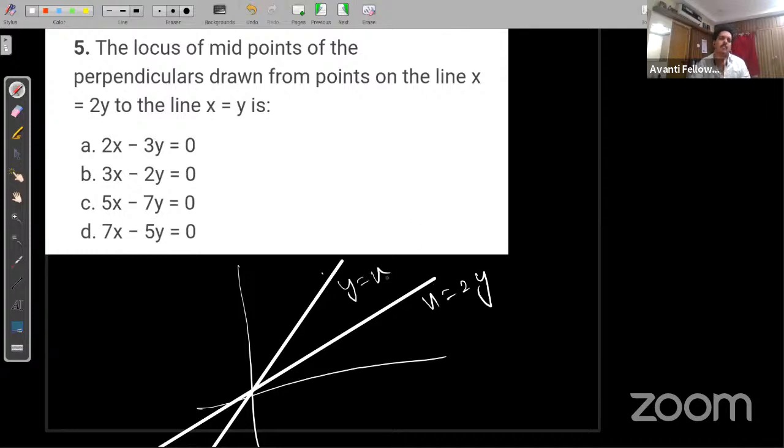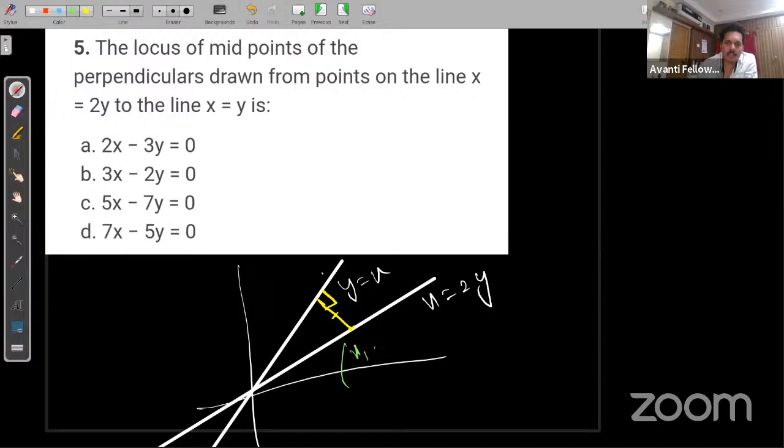Now what is he asking? Look here, guys. He is saying the locus of midpoints of the perpendicular drawn from the line x equal to 2y to this other line. Means some perpendicular you are going to draw, and then the midpoint. Locus of the midpoints. It's not a big deal. First of all, I will take some point here.